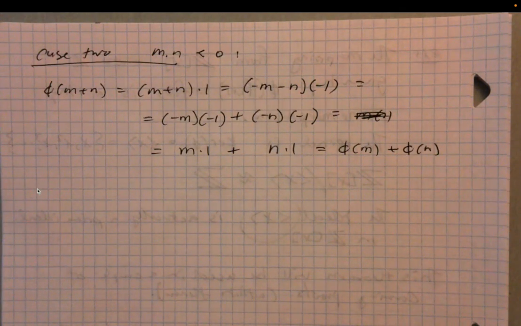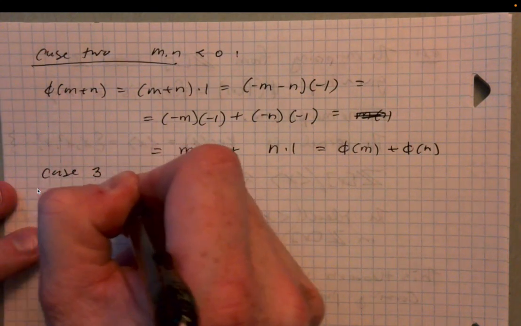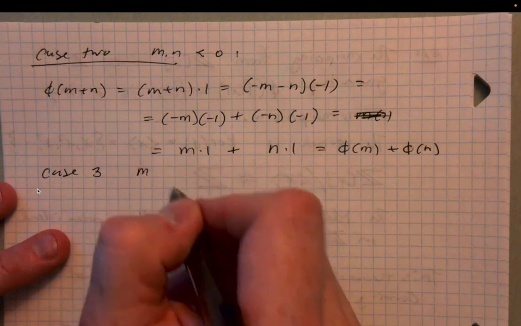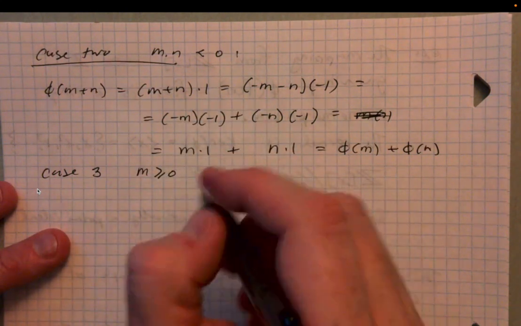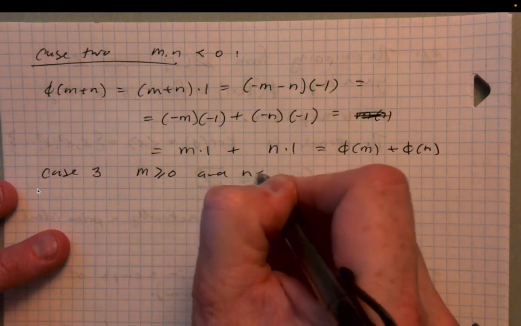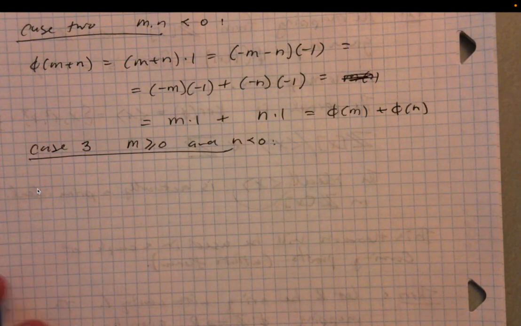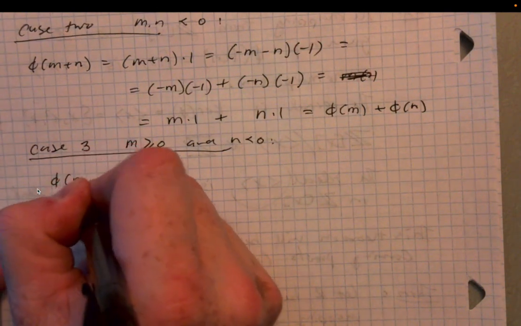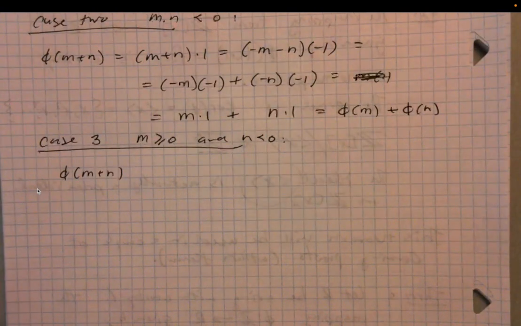All right, and then case 3, we'll say m is greater than or equal to 0, and n is less than 0. It doesn't matter which direction you go with that. In this case, you do the same thing as above, but you treat each of them slightly differently.